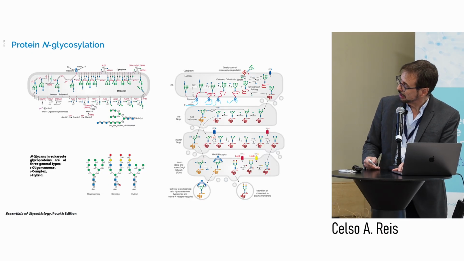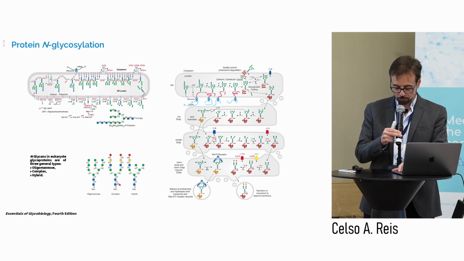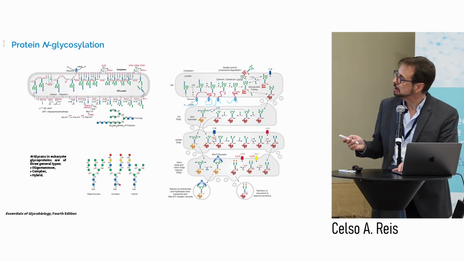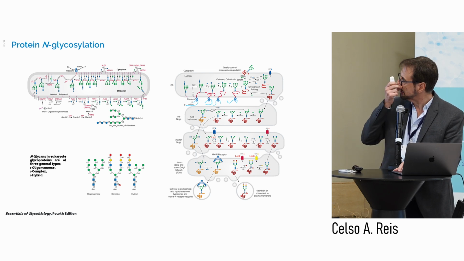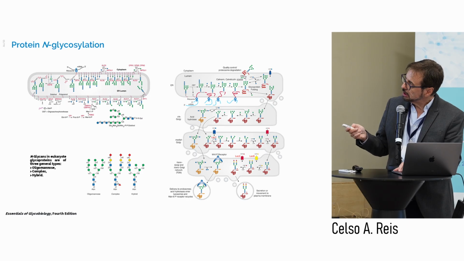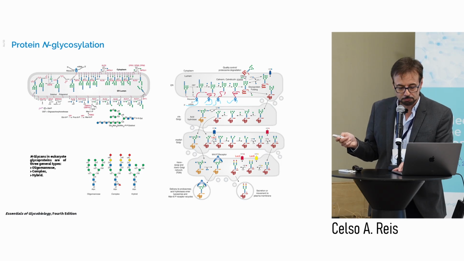And after the very nice presentations, I don't need to recall the well-organized mechanism of protein N glycosylation, in which several steps codified by different genes are crucial for the initial steps.